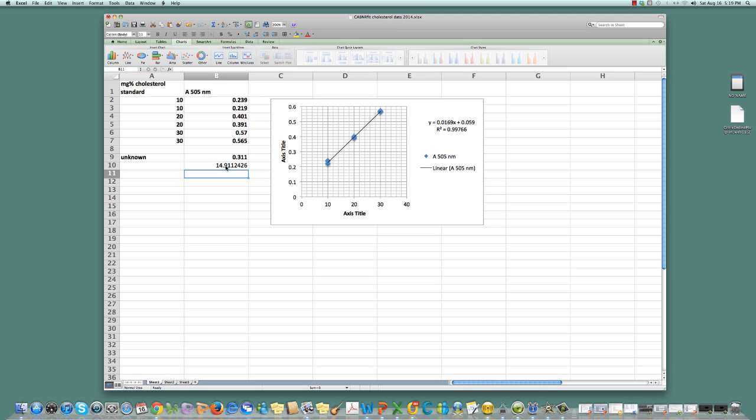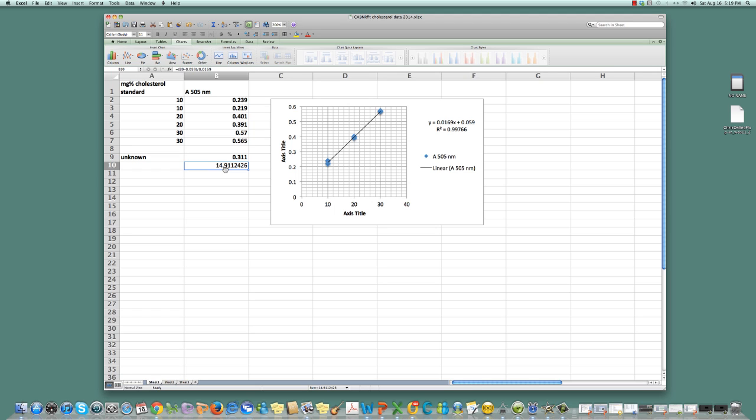When we hit enter, it then gives us the value for our unknown. So as I say, all I've done here is I've taken the absorbance of the unknown, I've plugged it into this equation here as the y value, solved for x, and it gives me 14.9 milligram percent.